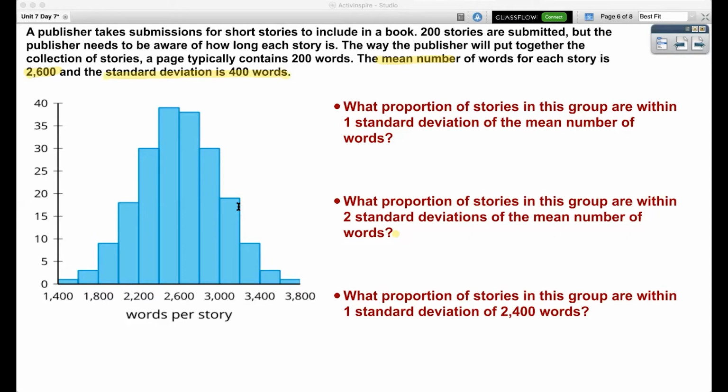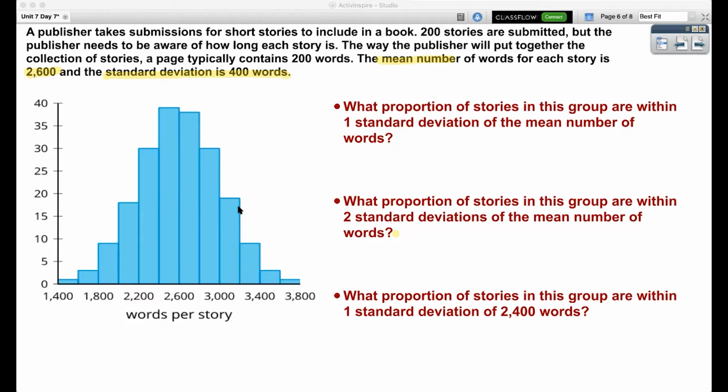Now, what does it mean when we say within 1 standard deviation or within 2 standard deviations of the mean? Let's just look at the first example. If we're saying within 1 standard deviation of the mean, what that really is saying is that we're going to be looking at the interval from the value of the mean plus or minus 1 standard deviation.